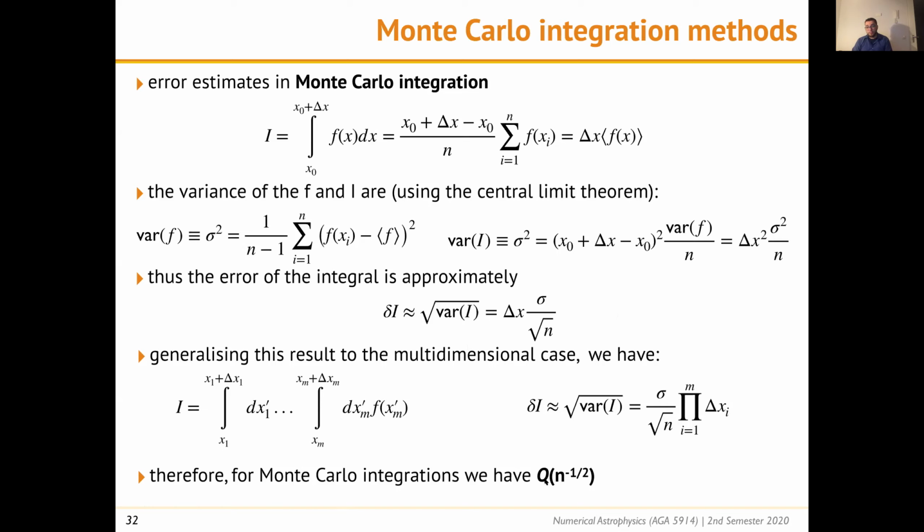This is great for performance. If this grew very fast, that's bad for performance. But as n, the number of samples, increases, our error decreases. So this implies that Monte Carlo integration methods provide us satisfactory performance, especially if we are doing multidimensional integration.